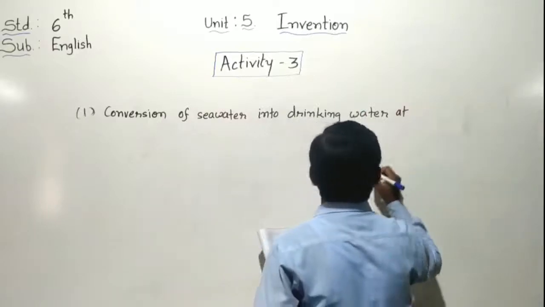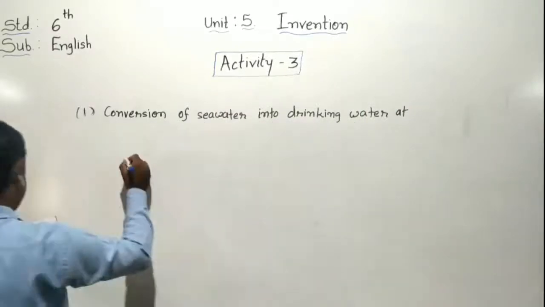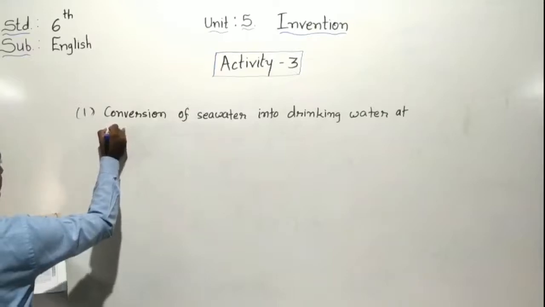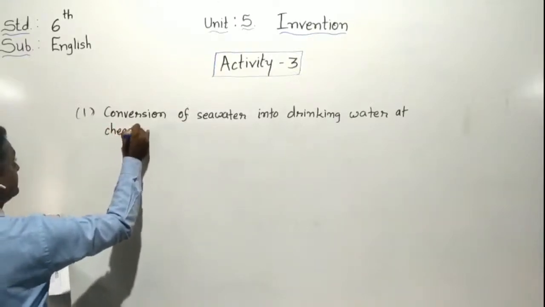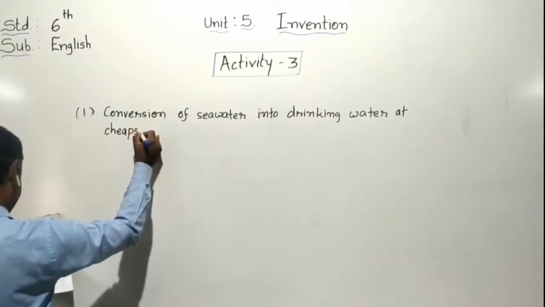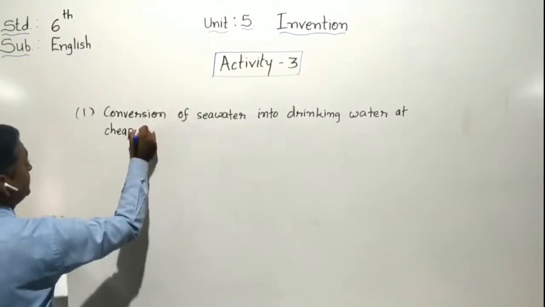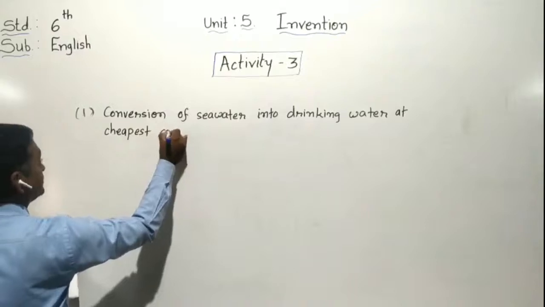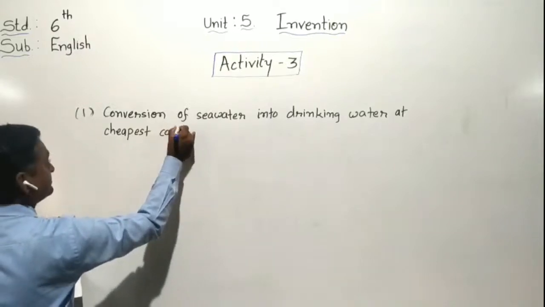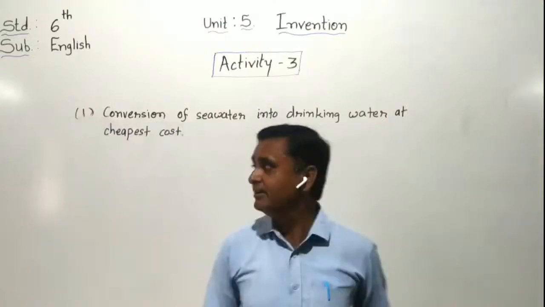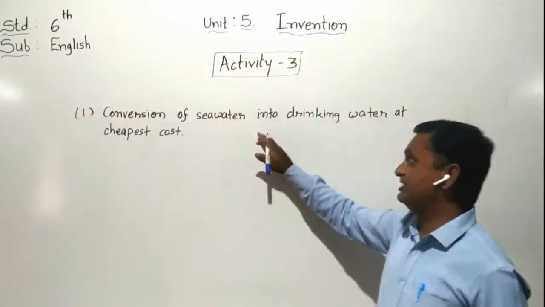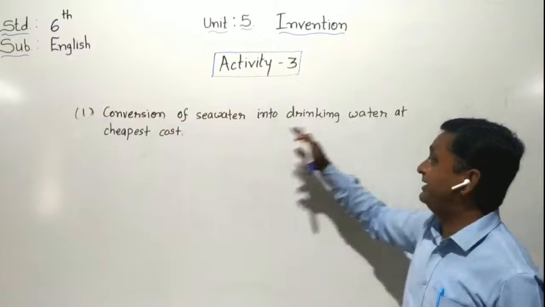At cheap means very less cost. At the cheapest cost. It's the first real problem I write here. What is this? Conversion of seawater into drinking water at the cheapest cost.